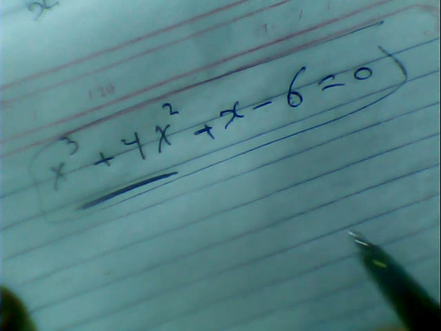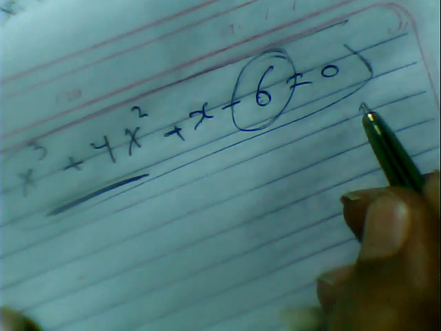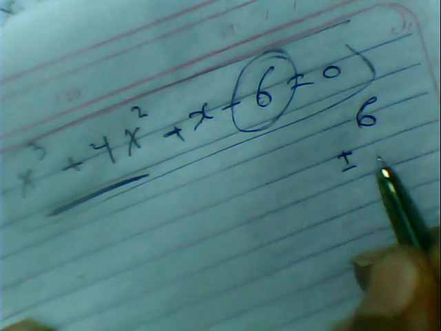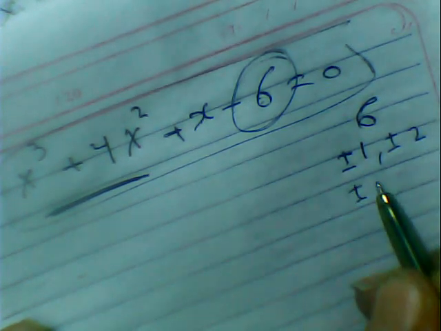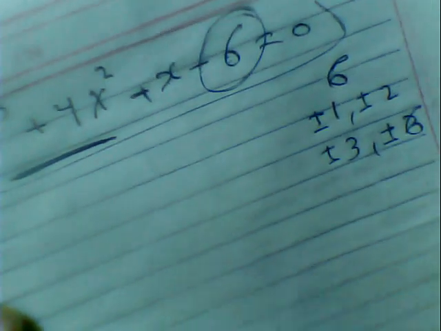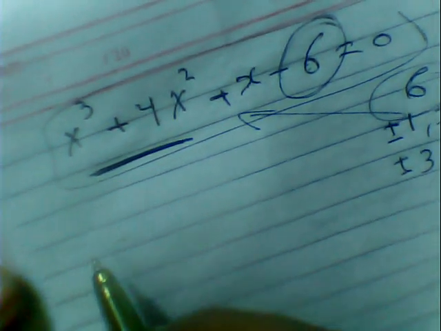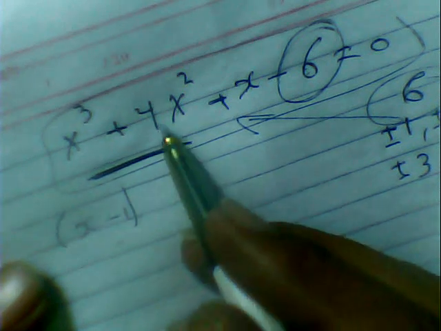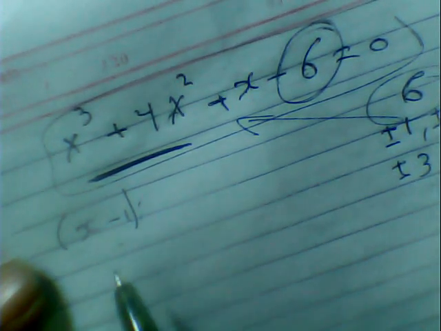Then we can find the possible roots of this: x may be equal to plus minus 1, plus minus 2, plus minus 3, plus minus 6. Then we can put here x minus 1, and we replace every x by 1.